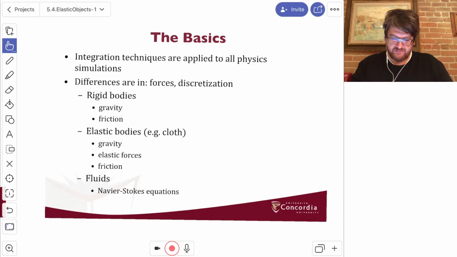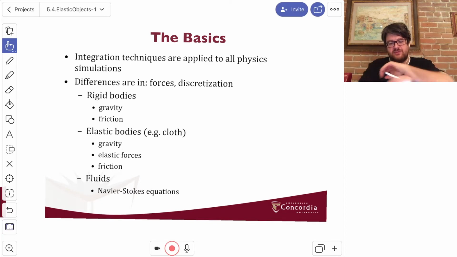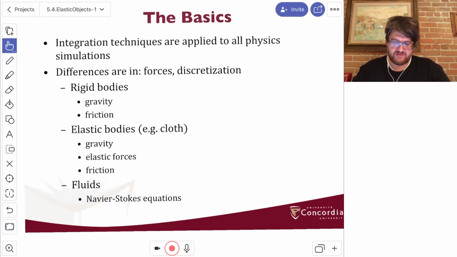So, for example, we're going to look at rigid bodies where they're going to be represented by one point because they're rigid, and the typical forces are gravity and friction. Elastic bodies, cloth is a quintessential typical example of an elastic body which is used ubiquitously in games and also special effects. In cloth, we have gravity, we have elastic forces, we have friction.